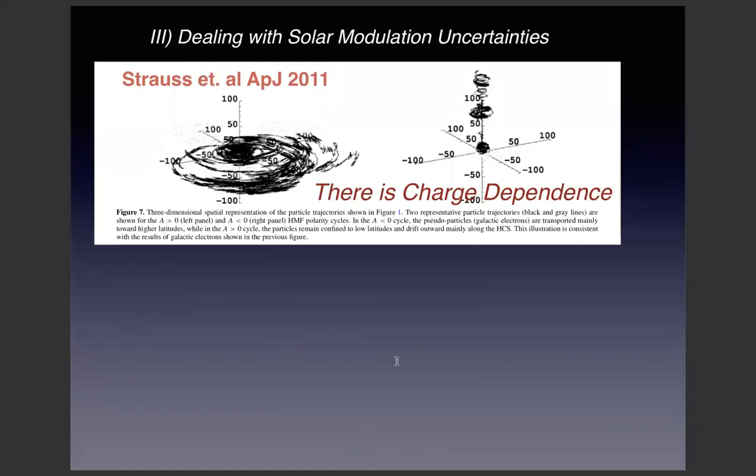There we have to deal with the fact that we know from simulations that cosmic rays of different charges propagate from the interstellar medium volume, inside through the heliosphere and to the location of the Earth, following very different paths.